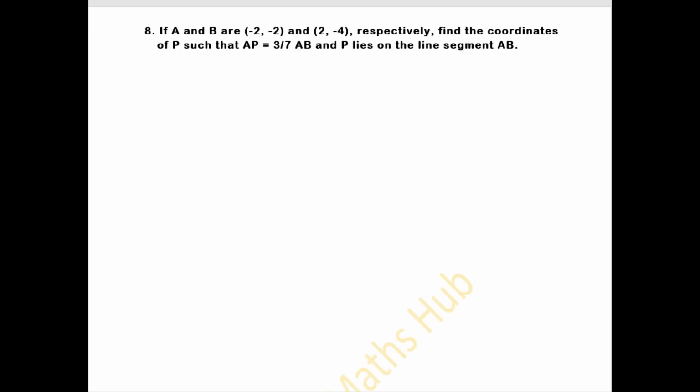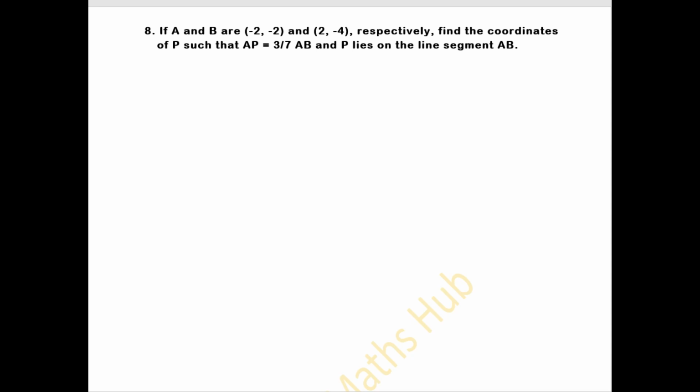Moving to the 8th question of the exercise. If A and B are (-2, -2) and (2, -4) respectively, find the coordinates of P such that AP equals 3/7 times AB and P lies on the line segment AB.